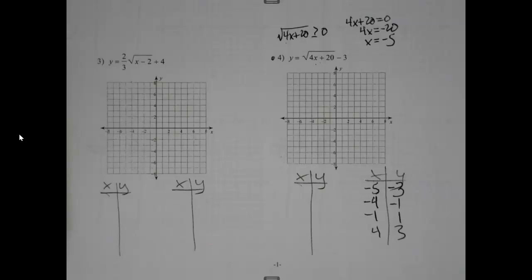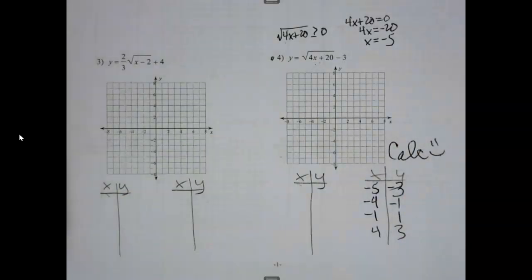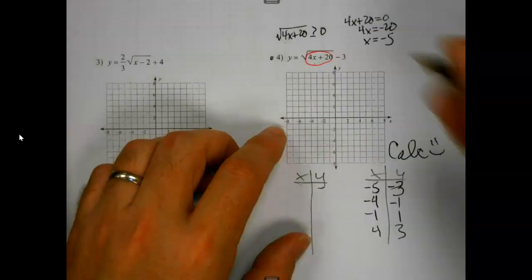So if you had to, you would just throw some numbers in for x until you found perfect squares that would break down nice. 4 times 4 is 16 plus 20 is 36. 36 is a perfect square. So this is the one time we like going to the calc, when that's going on.